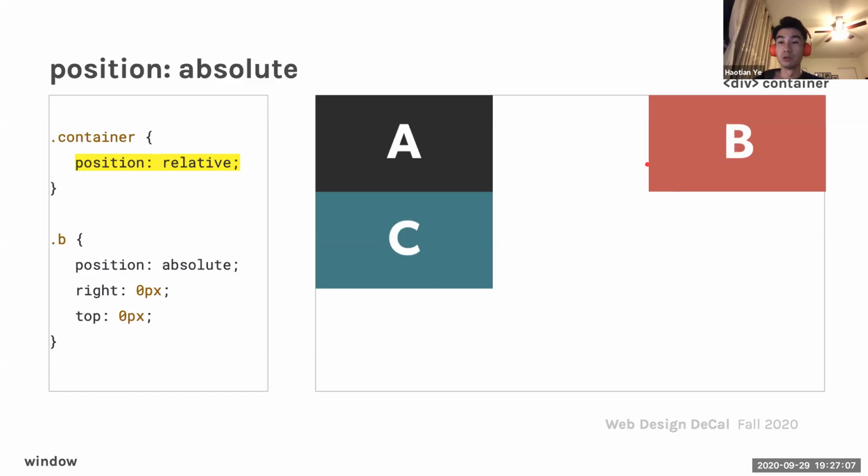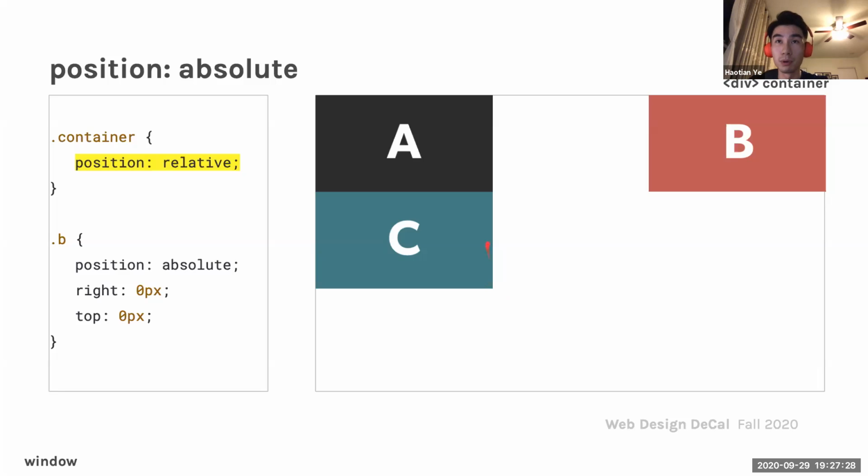So I'm just going to do absolute, right 0, top 0, based off of my parent container. So now it turns into, oh, I'm in the top right corner of just this parent, not the whole window. So overall, relatively position your parent first before using absolute within it.